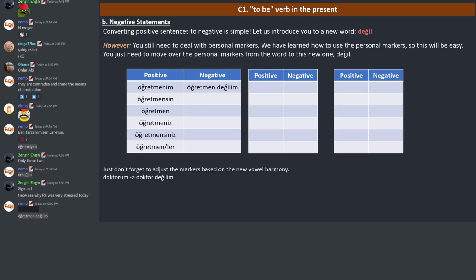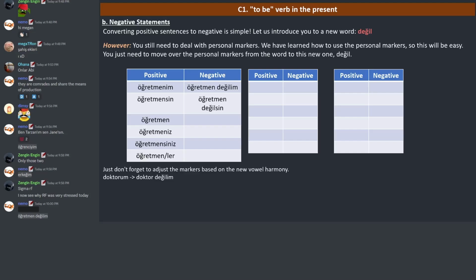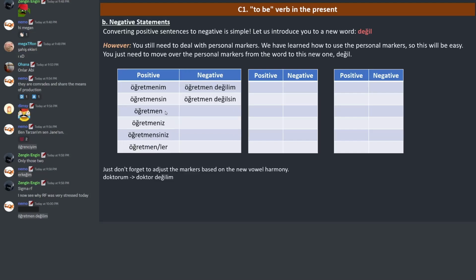How about sen? You are not a teacher. Öğretmen değilsin. You are not a teacher. The pattern is the same. So it's always öğretmen değil, öğretmen değiliz, öğretmen değilsiniz, öğretmen değiller.